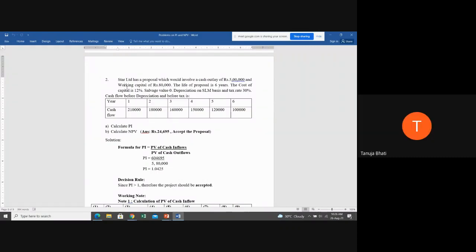Students, why are you using cash inflow, cash outflow? Current assets. Okay, just tell me. It is a day-to-day expenditure. Very good. So here, working capital is the capital required for the day-to-day working of the organization.